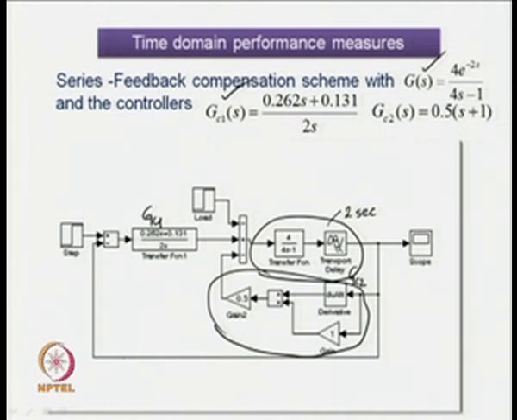Now, this scheme helps us to find out the closed loop response of the series feedback compensation scheme when it is subjected to some reference input and some static load disturbance.